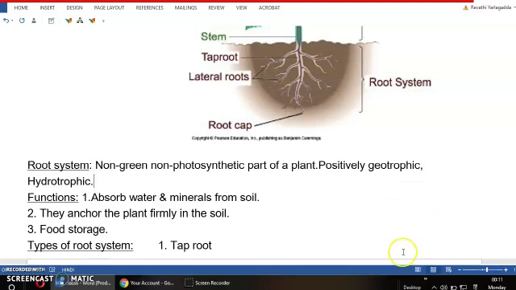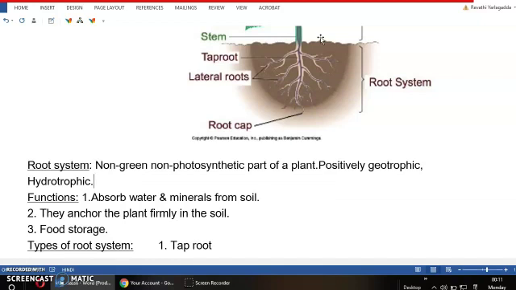So water is going downwards, and the root growth will also be towards the water movement. Geotropic means growing in the direction of gravity, whereas positively hydrotropic means growing towards the water, right? Water roots and all these are examples of roots that grow positively towards the water.